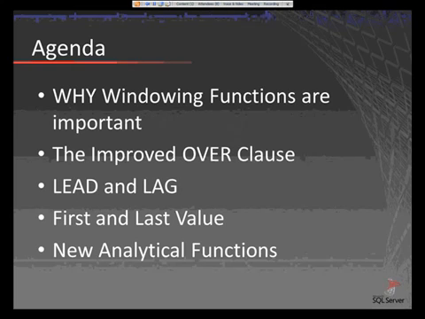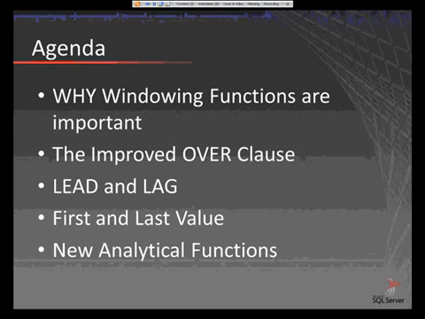So we're going to look at the windowing functions, what they are, why they're important. If you remember when 2005 came out, there was this thing called ROW_NUMBER and then OVER, and you could do some really interesting things with that. That really was just the tip of the iceberg for what you could do with the full ANSI capabilities of what's known as windowing functions.